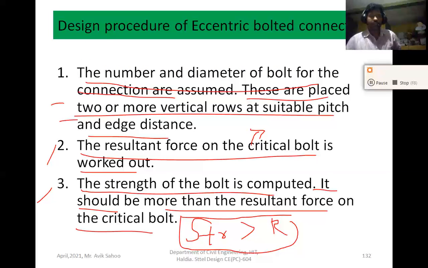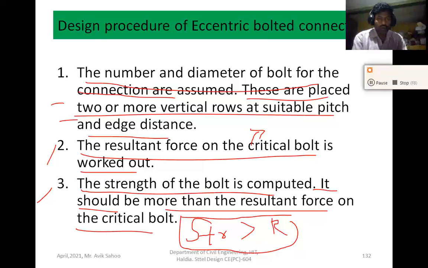So I repeat the summary for the design procedure of an eccentric bolted connection. First you choose the number and diameter of the bolts, and you place these bolts in 2 or more vertical rows using suitable pitch and edge distance.